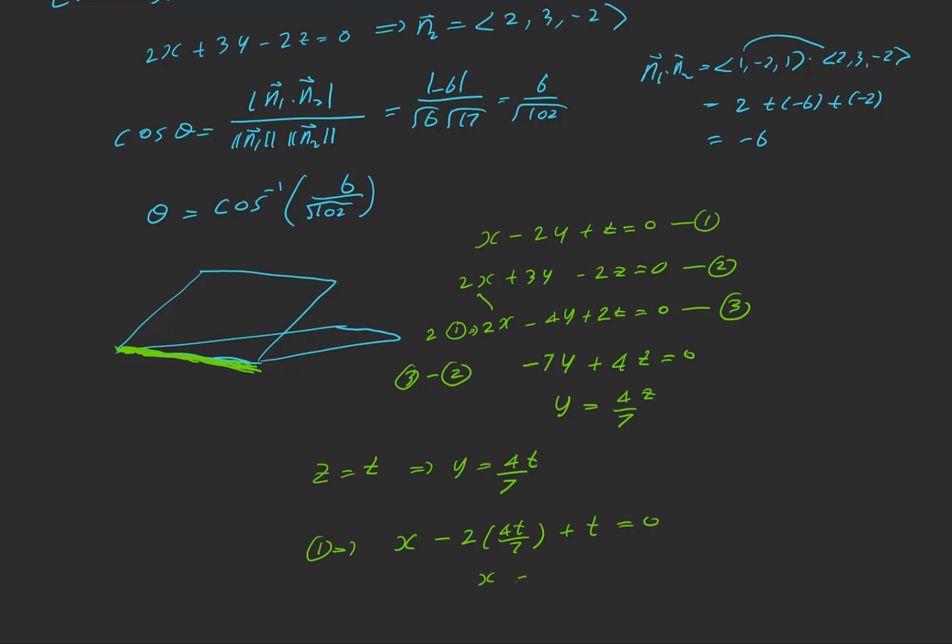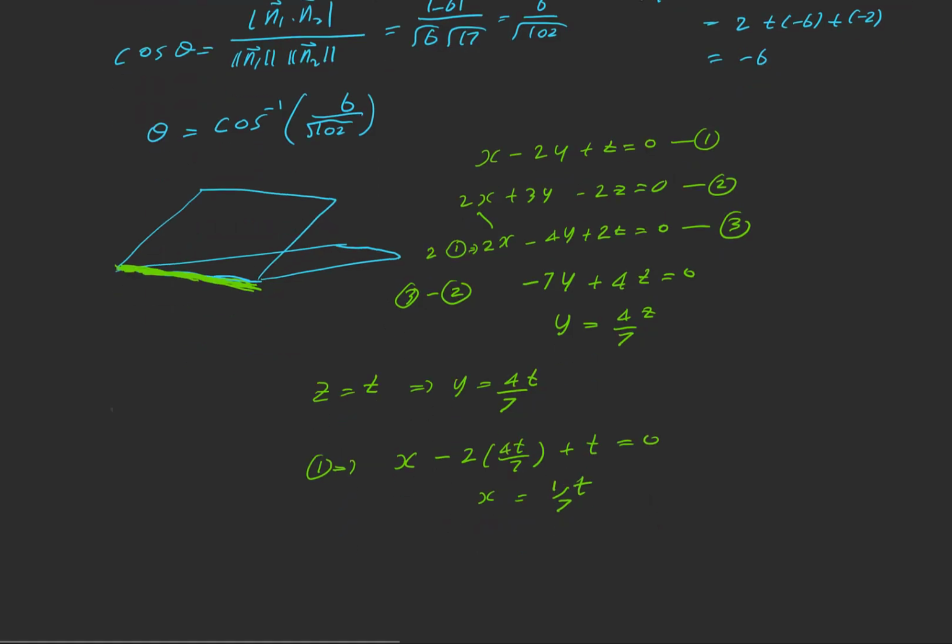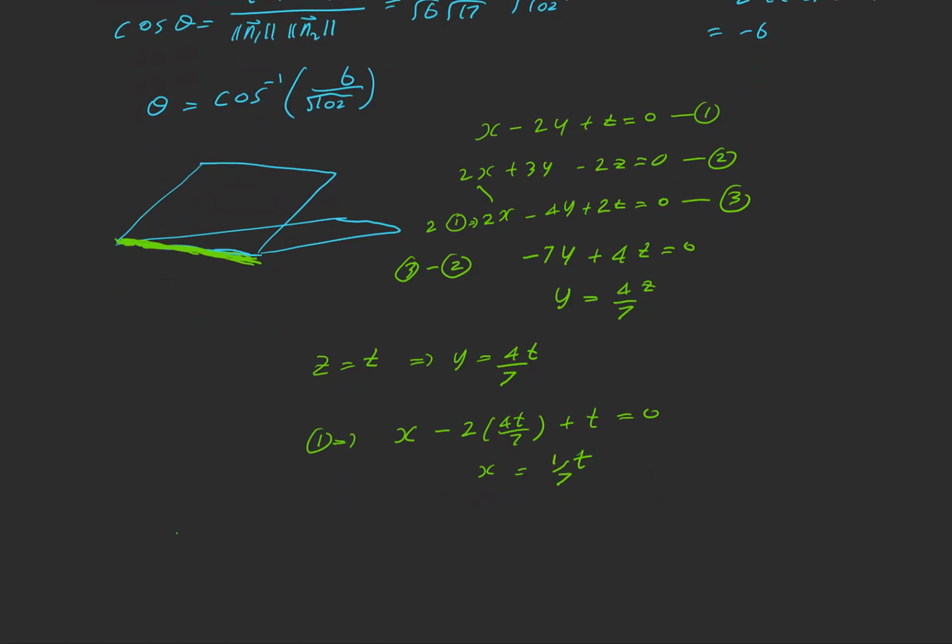From this you can have x equals 1 over 7 t, right? Therefore we can write the equation of the line. x equals 1/7 t, y equals 4t over 7, and z equals t. That is the equation of this line, the line of intersection.